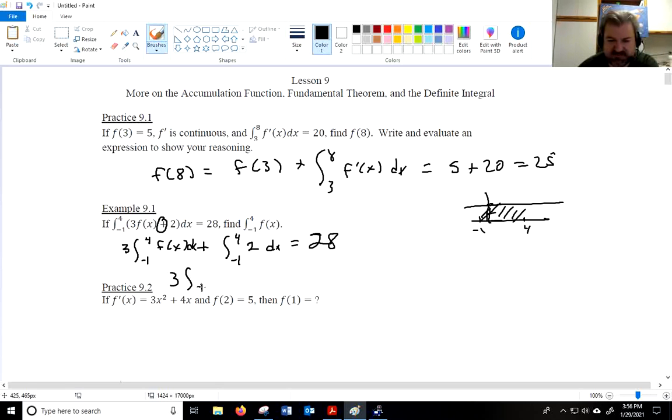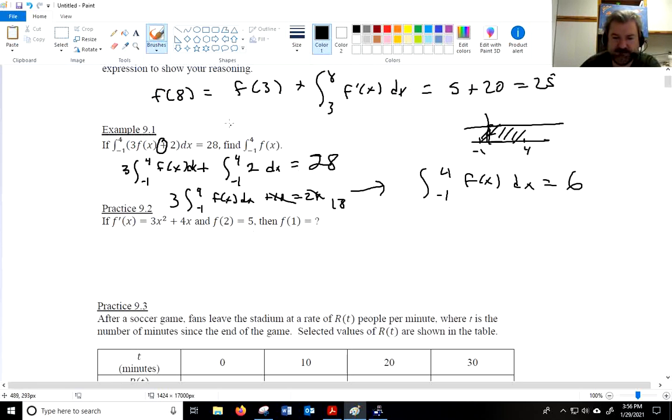So we have 3 times the integral from negative 1 to 4 of f of x dx plus 10 equals 28. So just doing a little algebra, I can subtract off 10, make that 18, and divide by 3 is 6. So the integral from negative 1 to 4 of f of x dx, which is what we're supposed to find, is 6.